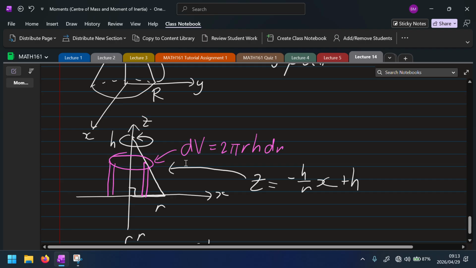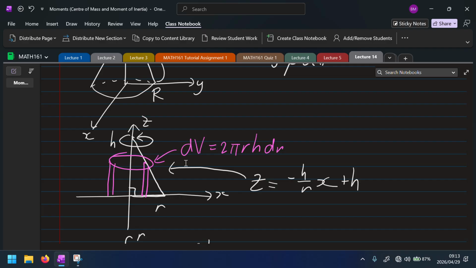For the cone, that's the radius going outwards, and the height is going along z. Now we want the radius squared. What is that? In this diagram that we drew. Hey, you guys got a test on this in 2 weeks. Okay, think about it.